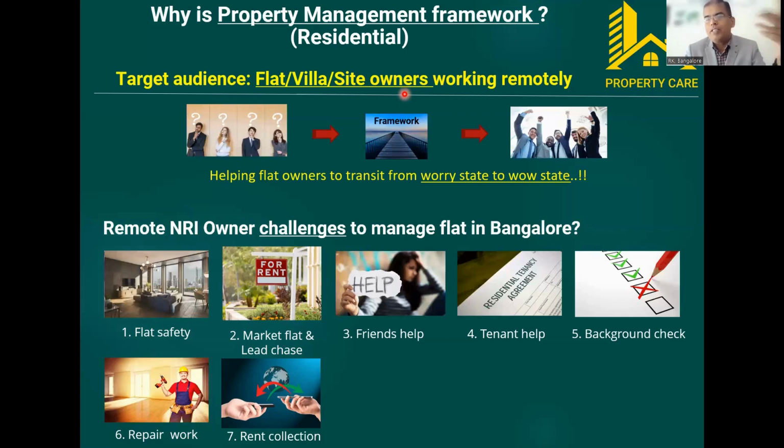That is not a problem. If a tenant causes any delay, we follow up, chase it, and credit it to the owner's account. Sometimes if it is a genuine tenant who makes prompt payments, we are okay with owners taking it directly. That is not a problem.